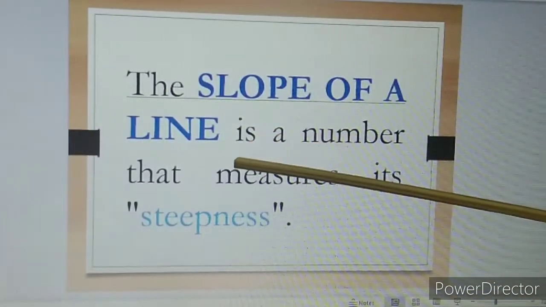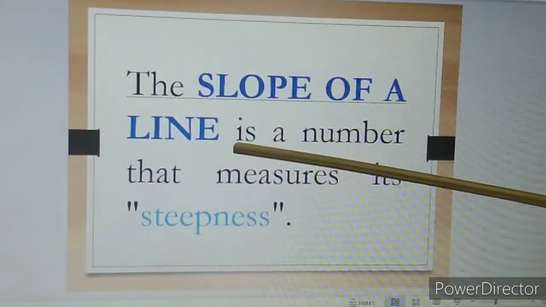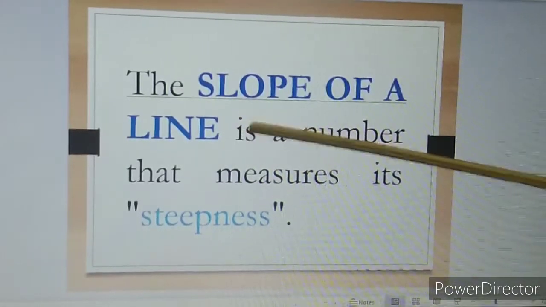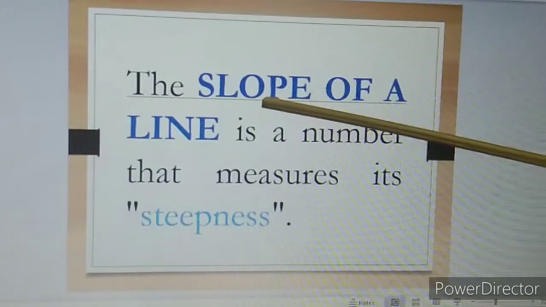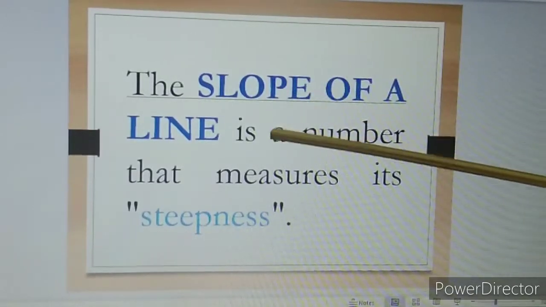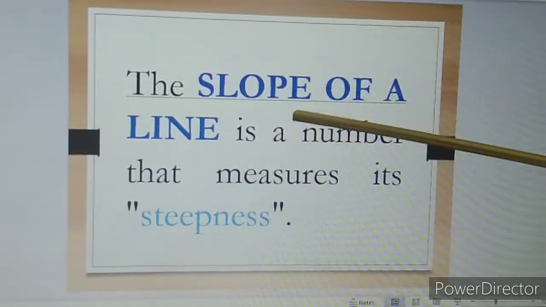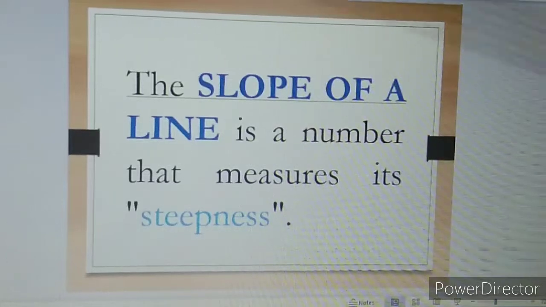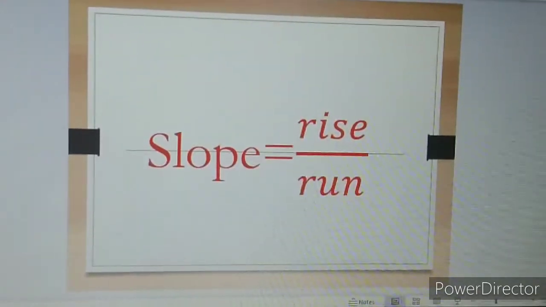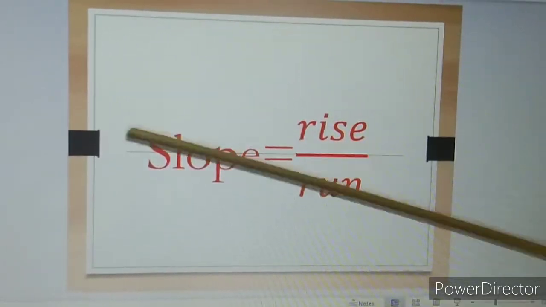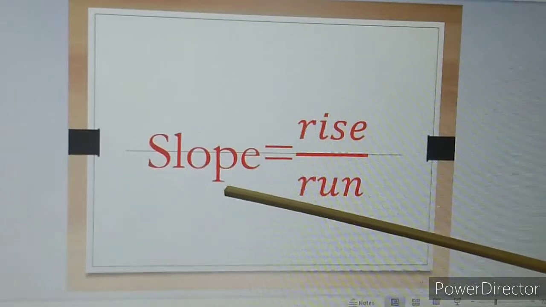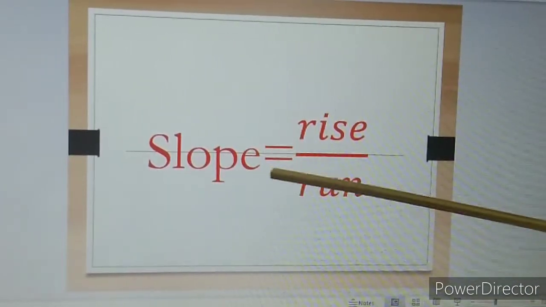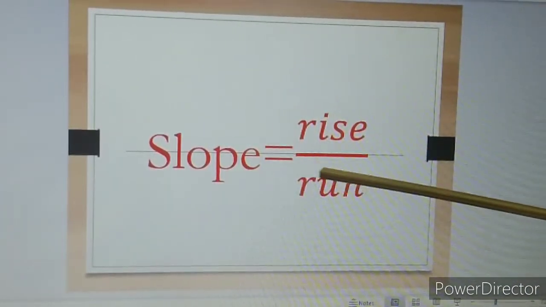It describes how the graph of the linear equation in two variables is observed in the coordinate system. There are different methods in finding the slope of the line, but the main formula is slope is equal to rise over run.